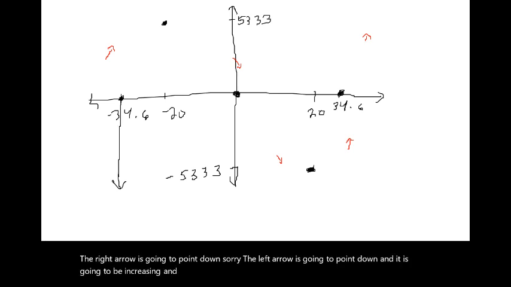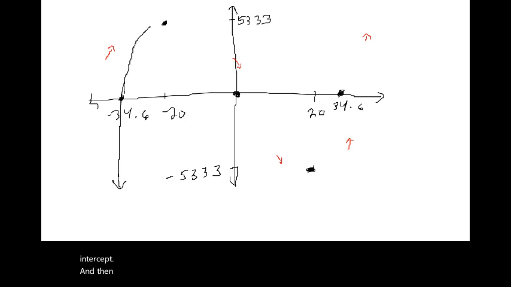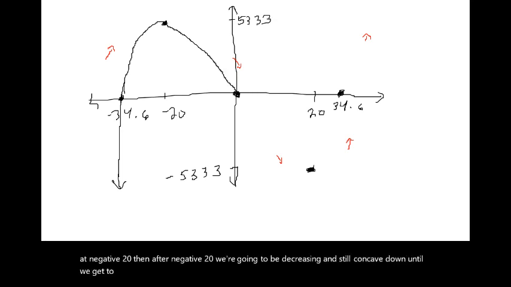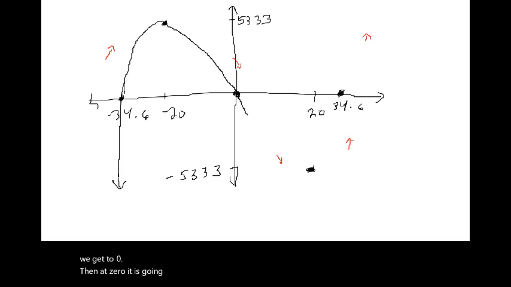sure that it crosses the x-axis here at this x-intercept. And then it is going to continue to increase and be concave down until we get to this point here at negative 20. Then after negative 20, we're going to be decreasing and still concave down until we get to 0. Then at 0, it is going to continue to decrease, but it is going to go back to concave up until it gets to positive 20.